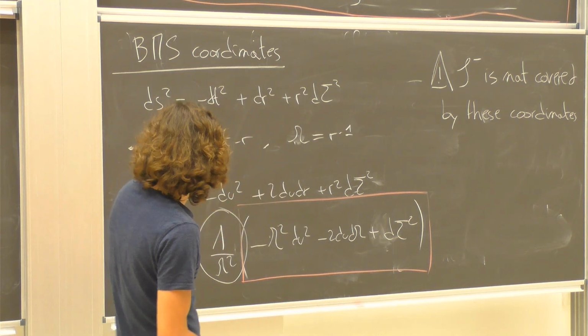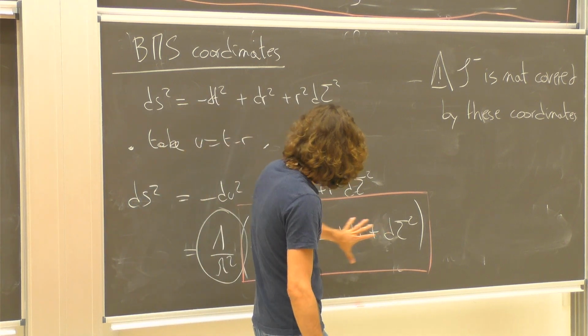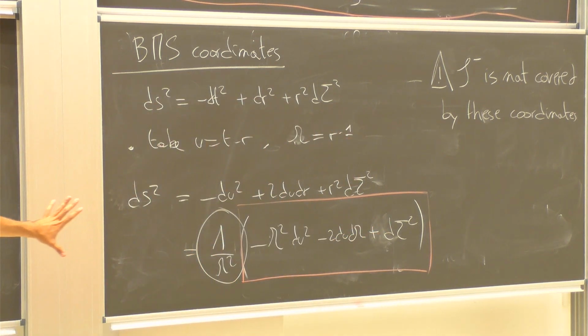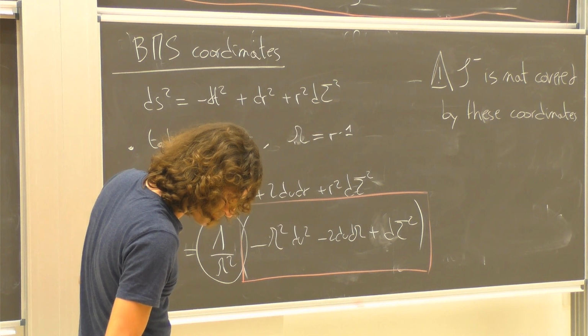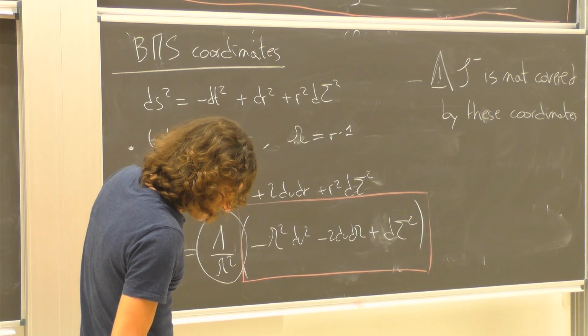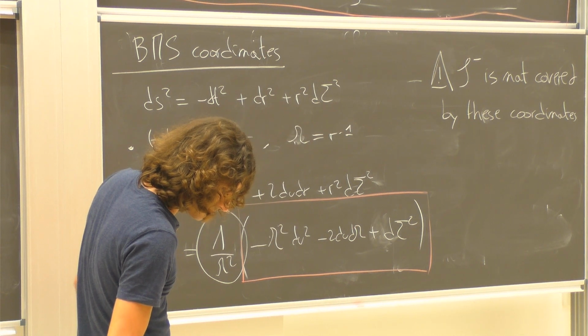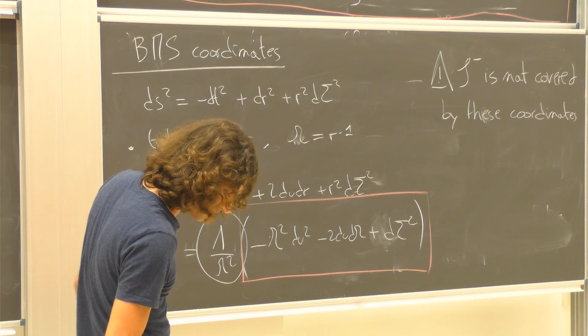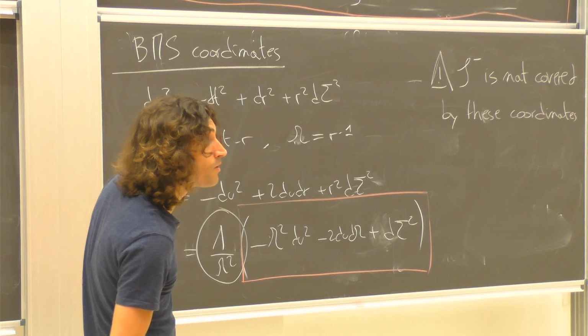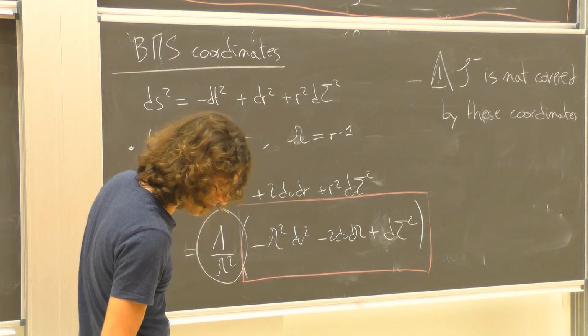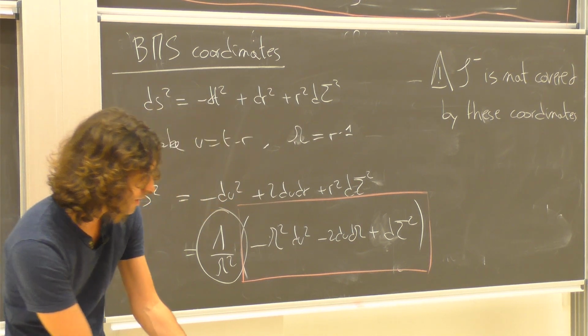And also in this form, it really means that these BMS coordinate systems are related to a null geodesic congruence. And this is the same type of expansion that I wrote down yesterday. So, yeah, I think that's about what I wanted to say today.